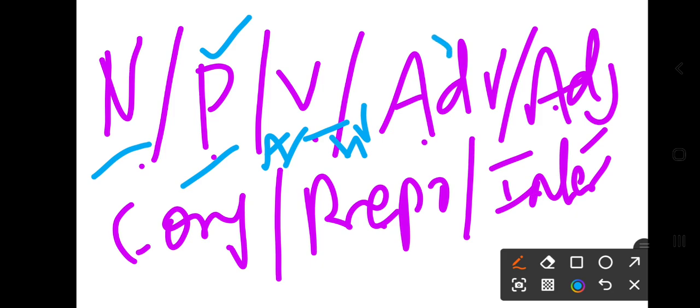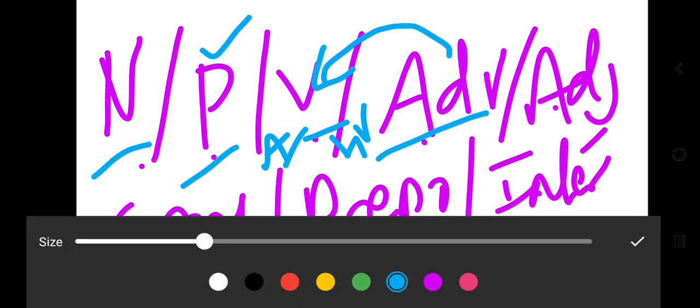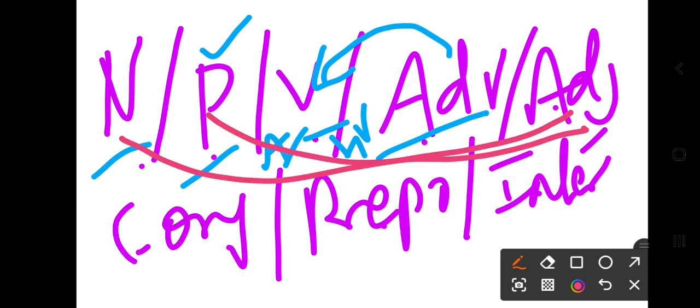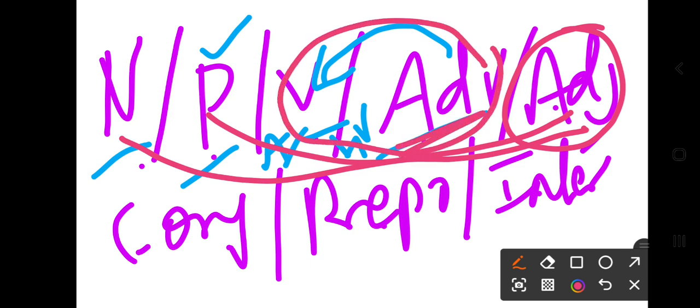Then the word which is used for a verb is called an adverb, and the word which is used for a noun or pronoun is called an adjective, right? Then conjunction, that is joining words. Then preposition, which shows the position. And then interjection, the word which shows a surprise feeling, is called interjection, right?